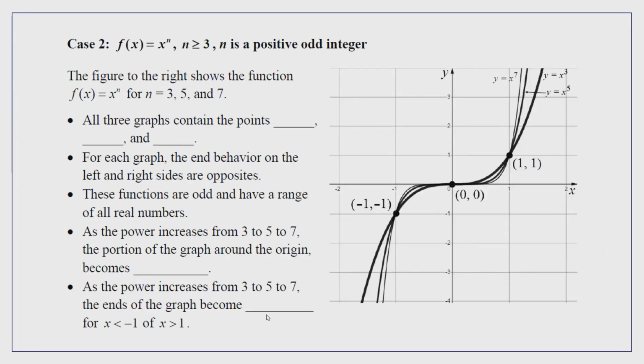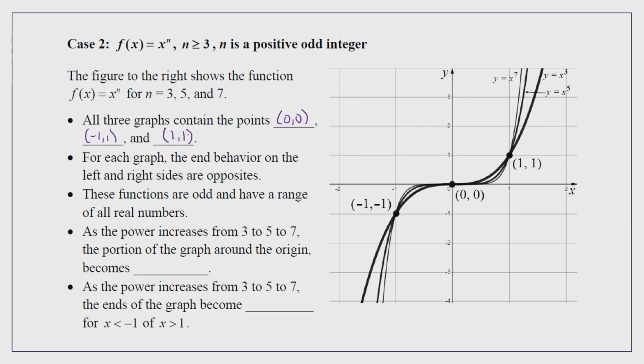Now let's look at the odd integer values of n for a power function. The figure here to the right shows the function f of x where n equals 3, 5, and 7. Similarly, all three graphs contain three points, and these three points are (0, 0), (-1, -1), and (1, 1).